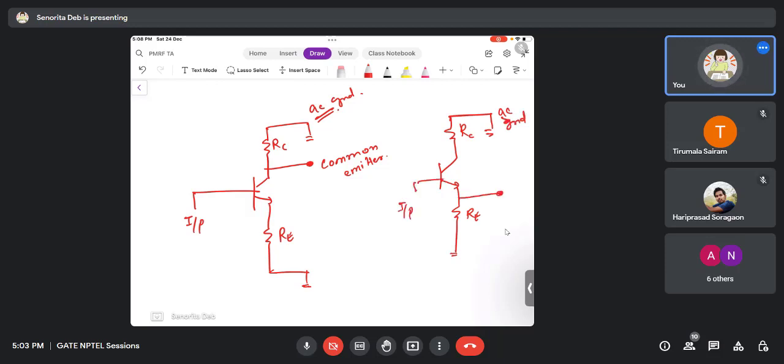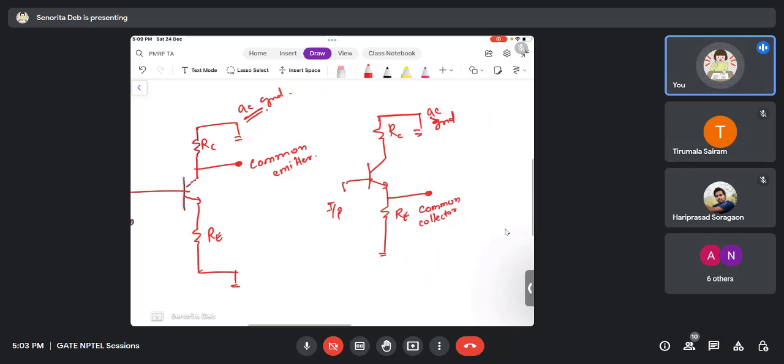Output is from here, common collector. This you should know, okay? Common collector, common emitter. For common collector, the voltage gain is always less than or equal to +1. For common emitter, I told you with approximation it is minus RC upon RE.